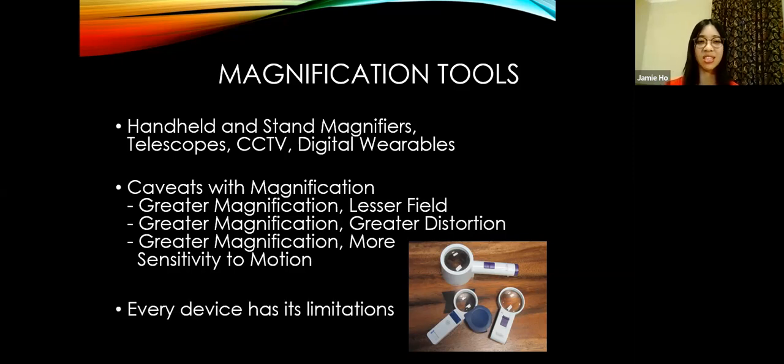It's important to understand that every device has its limitations. Just like when you're prescribing glasses, with a progressive you tell your patient there's a sweet spot, and you show them: you bring the reading material close, does it get blurry? Yes. Then you push it out, it gets clear again, and then it gets blurry. These are magnifiers, and this effect is also very important to go over with our patients.